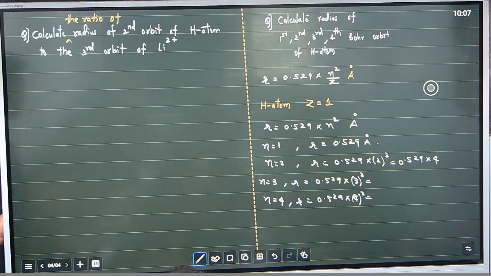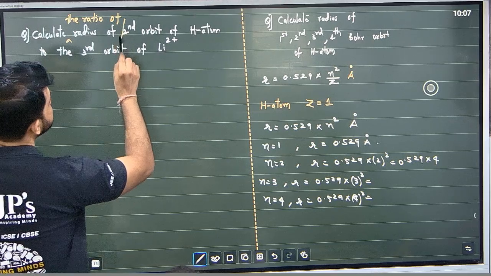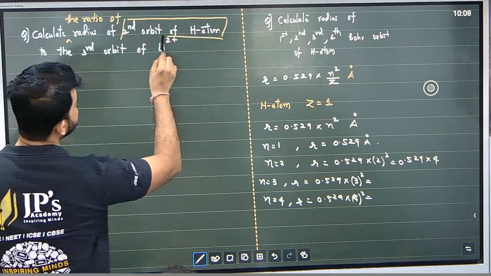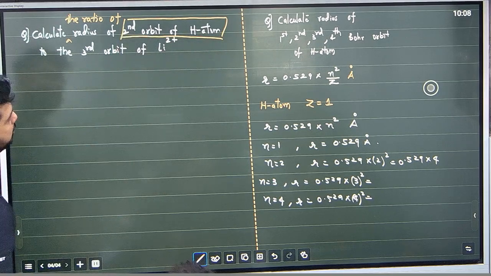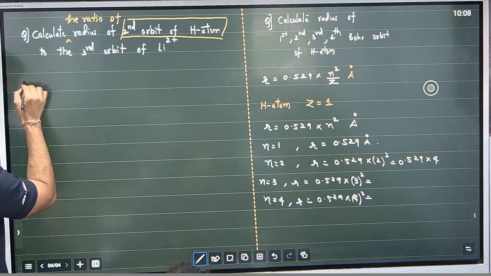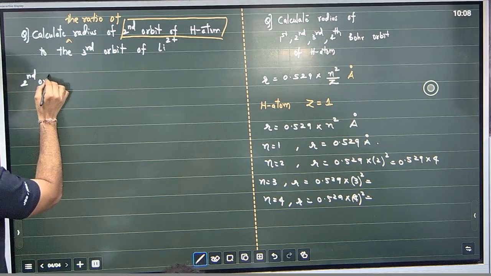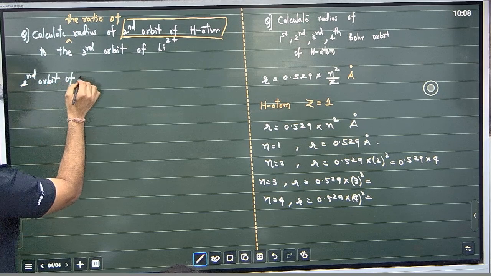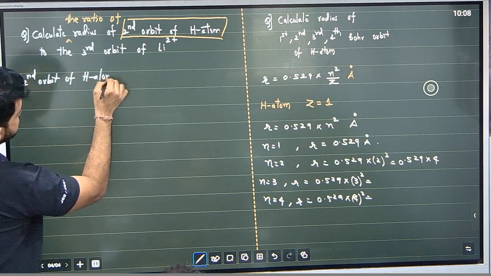So what do we have to find for both, people? Ratio. What do we have to first find? Second orbit of hydrogen atom. I repeat, second orbit of hydrogen atom.